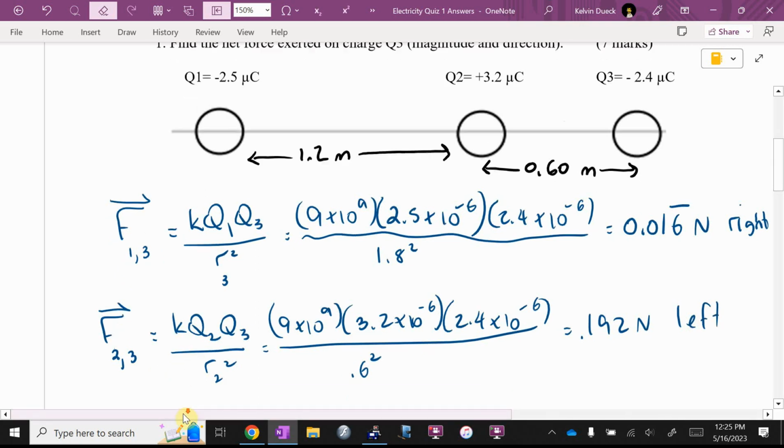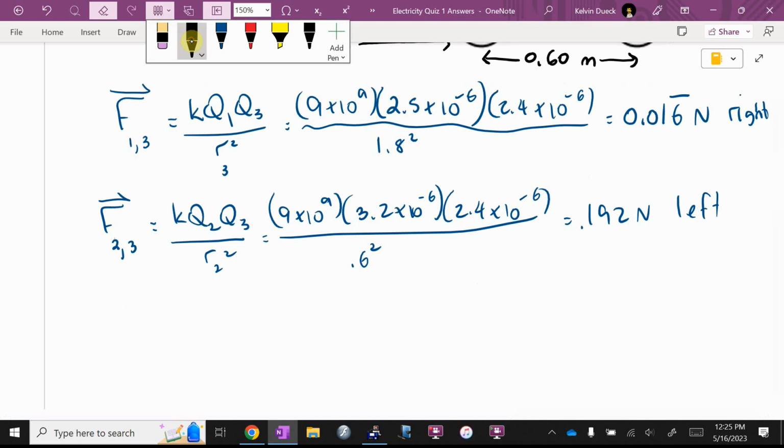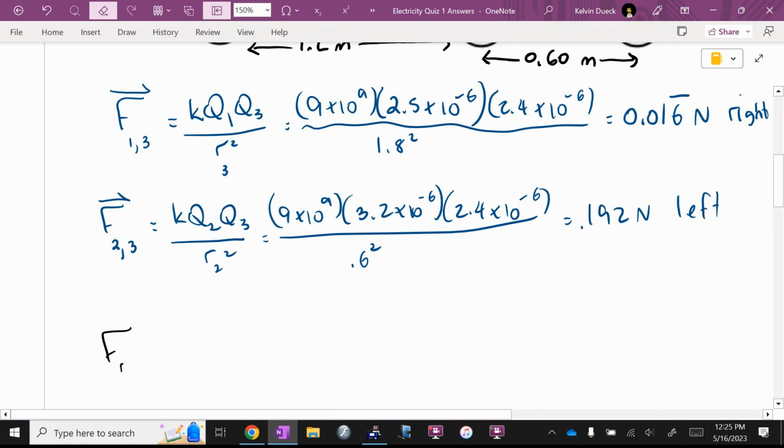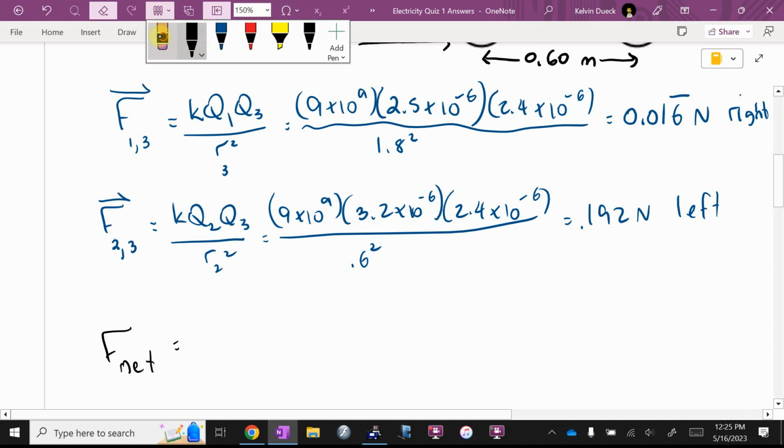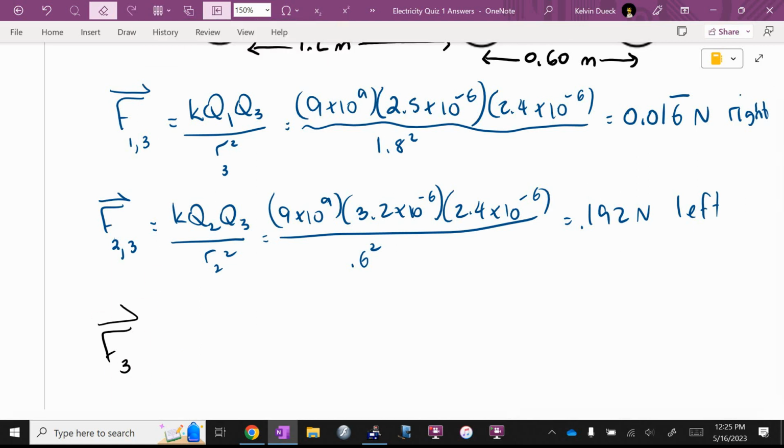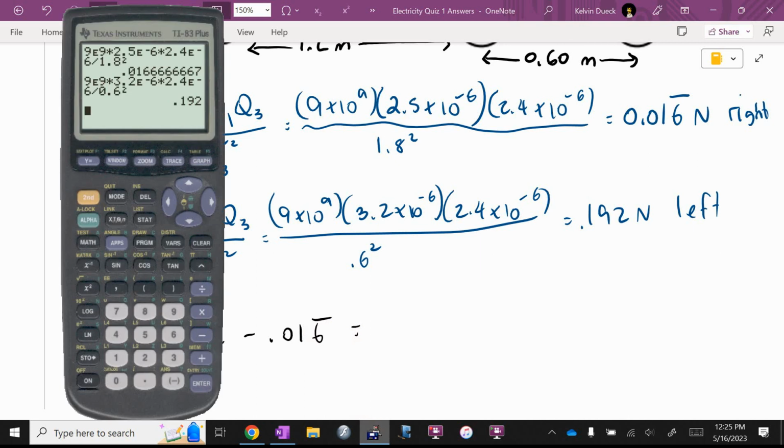Now I need to add these vectorially. Are they in the same direction? Nope. So I'll call it F net, or if I want to be really basic, it's the force on charge 3. I'm going to go 0.192 left minus 0.016 repeating right, 0.192 minus 0.01, and my high-tech 6 repeating is just to do a few extra 6s.